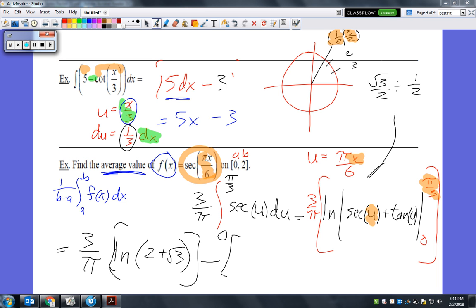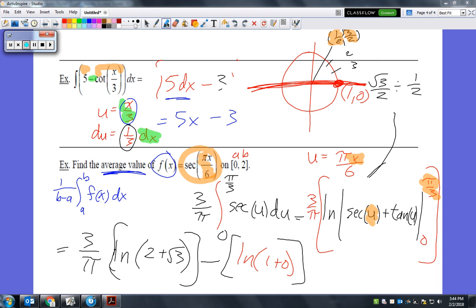What's the secant, which means the flip of the x, at 0? It's 1. So that'll be natural log of 1. And then, what's the tangent at 0, which is the y over x, otherwise the slope? What's the slope of that line? 0. So plus 0.